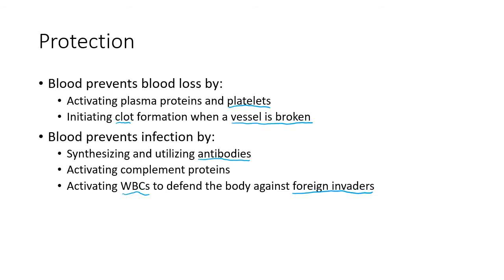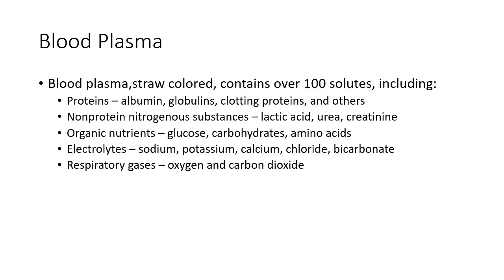The platelets are going to be kind of a physical barrier in a sense, but then we're also going to have to activate some plasma proteins. We're going to have to take some of these proteins that are normally dissolved in the blood, bring them out of solution, and allow for us to make that clot form inside the blood itself. But we'll talk about that later on.